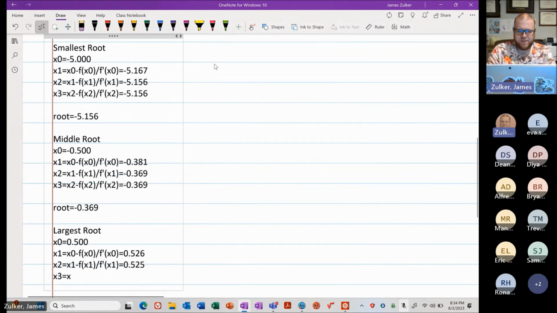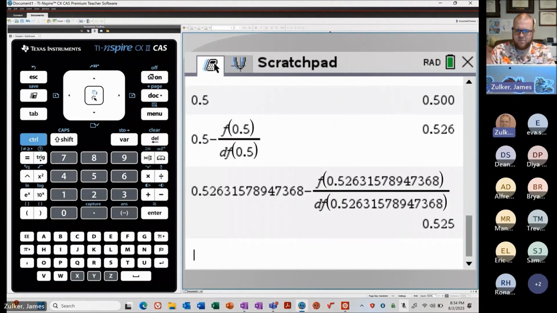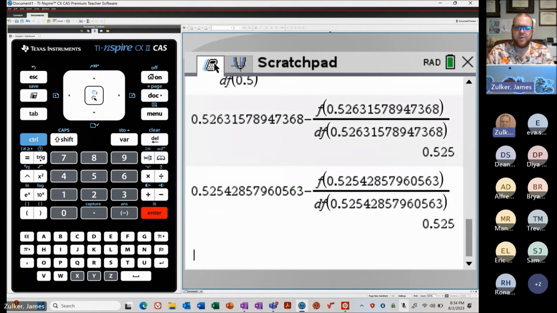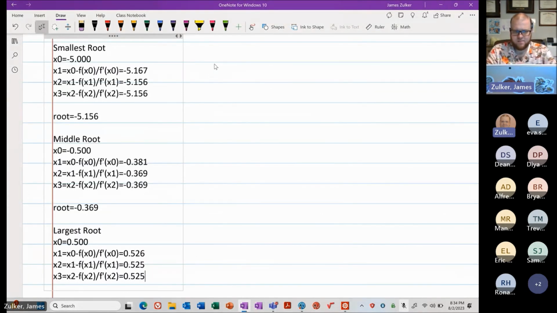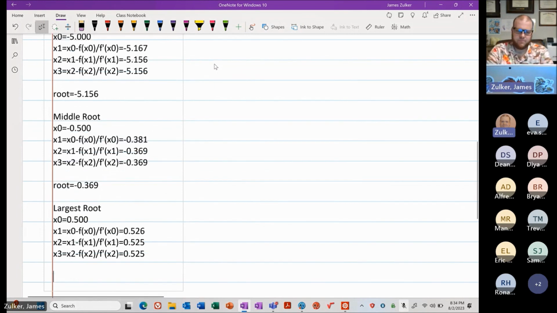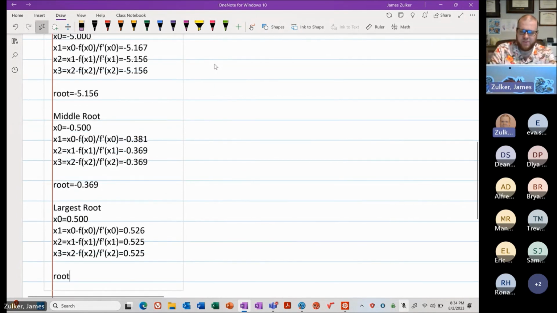So we're going to need x3. Just hit enter again, and we get 0.525. They agree to 3 decimal places, so our root there would be 0.525.